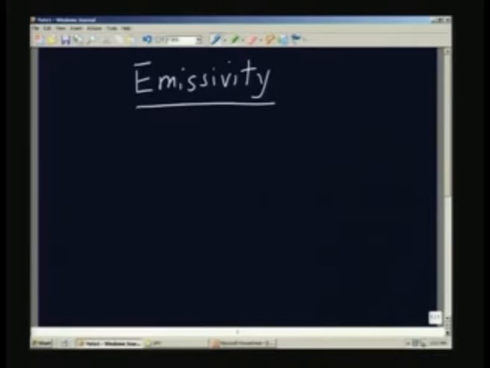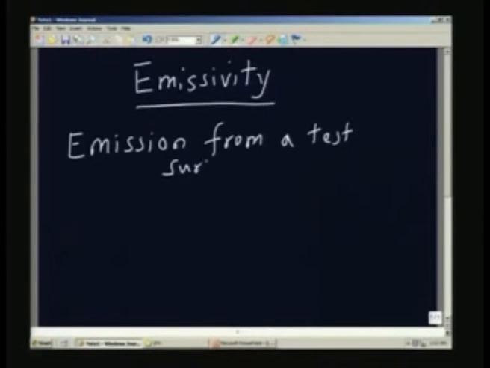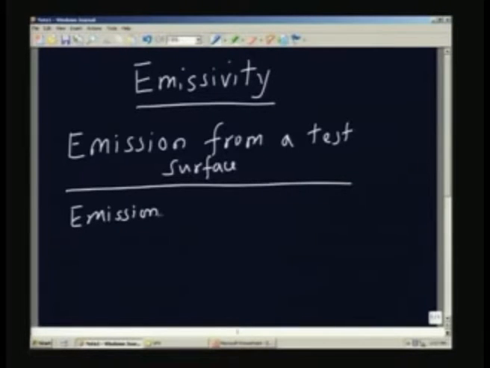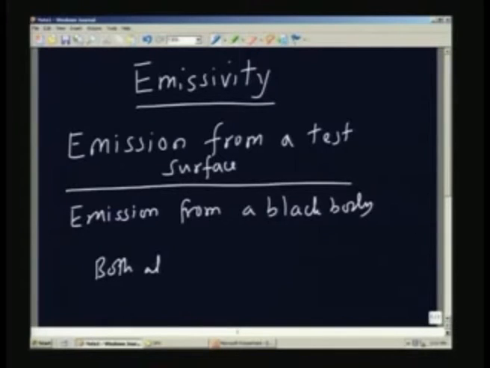It is a comparison between emission from a test surface divided by emission from a black body, both at the same temperature.